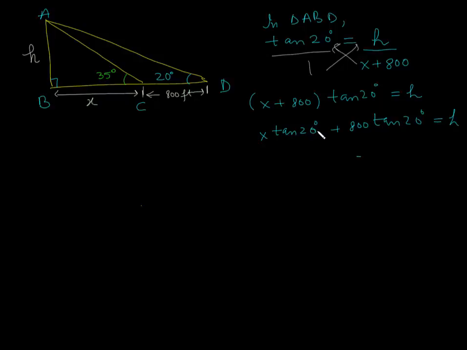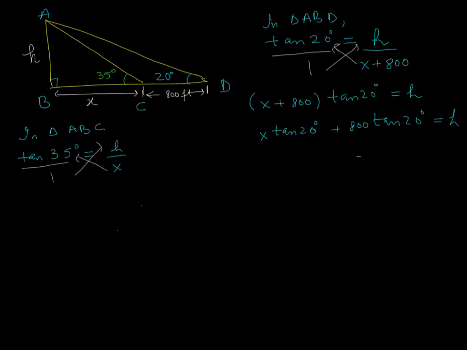So let's leave this equation here for a moment, and let's look at the smaller triangle ABC, in which again, if we use tan of 35 degrees, we have opposite over adjacent. Again, I'm going to cross multiply to find the value of x.